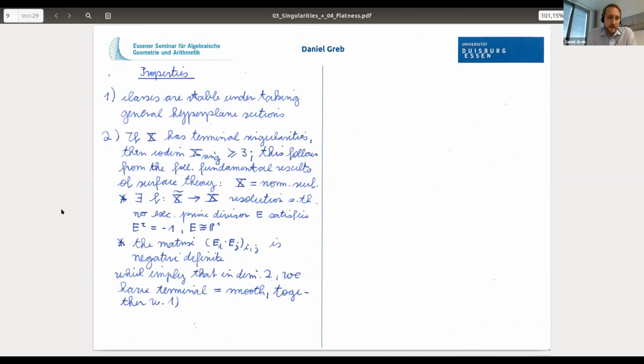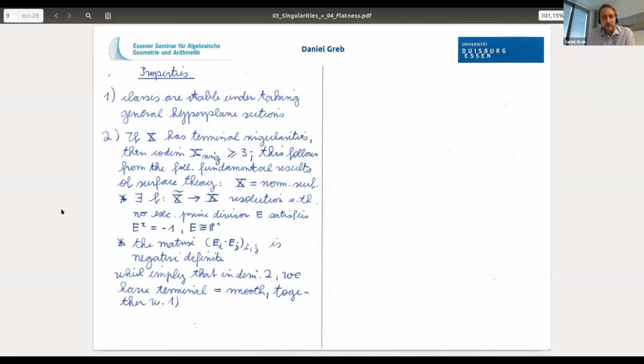And then if you have a resolution, the intersection matrix of the components is negative definite. So if you assume you have a terminal normal surface singularity, you go to this minimal resolution, and you use the fact that the intersection matrix is negative definite to see that you cannot fulfill this property that the discrepancy has to be bigger than or equal to 1.